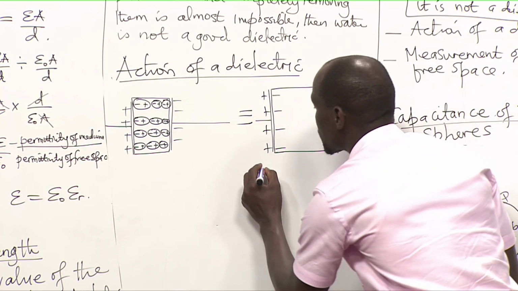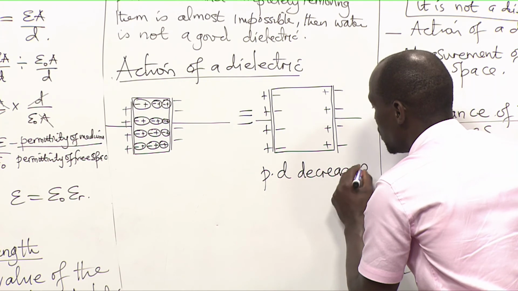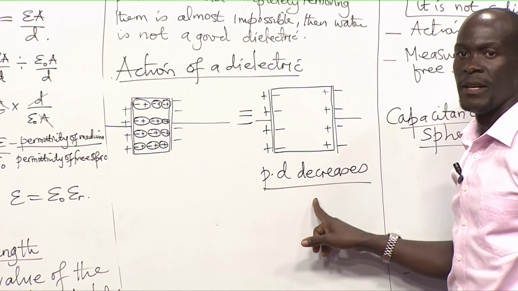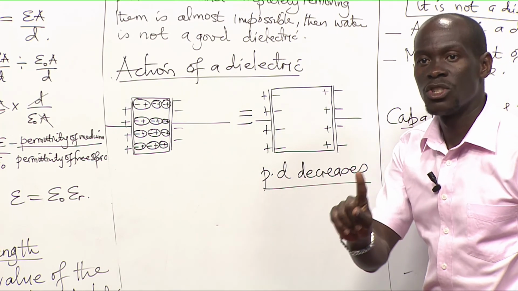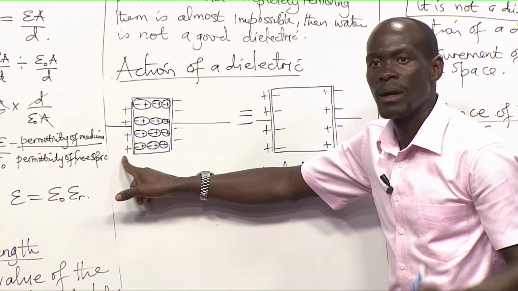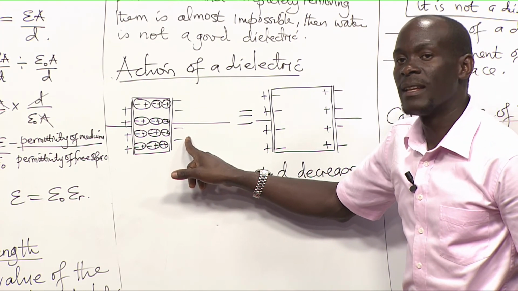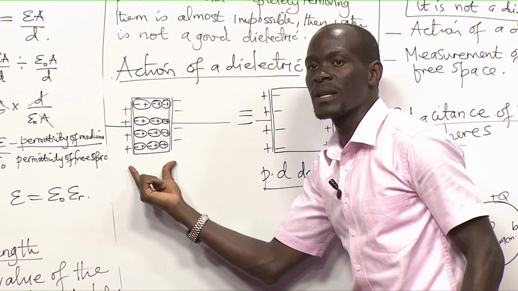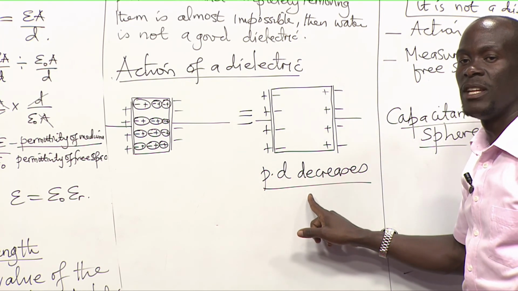The potential difference, the PD between the plates, does what? Reduces or decreases. Now, the reduction in the PD will mean that you will have more charge transferred from the positive plate of the capacitor to the negative plate of the capacitor. And this is done to make sure that the PD across the plates of the capacitor will now be able to increase again and equalize with the PD of the supply.